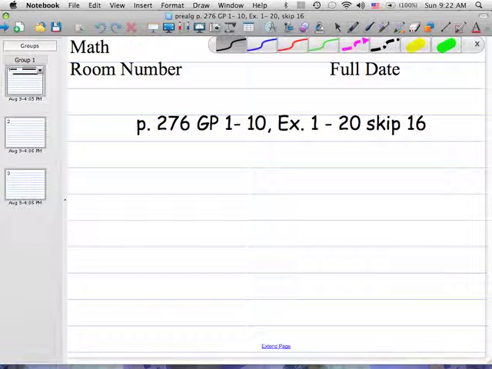So problem number 2, what is the main difference between example 1 and example 2? Well, example 1, if you backtrack to page 275, they're doing lines of symmetry.